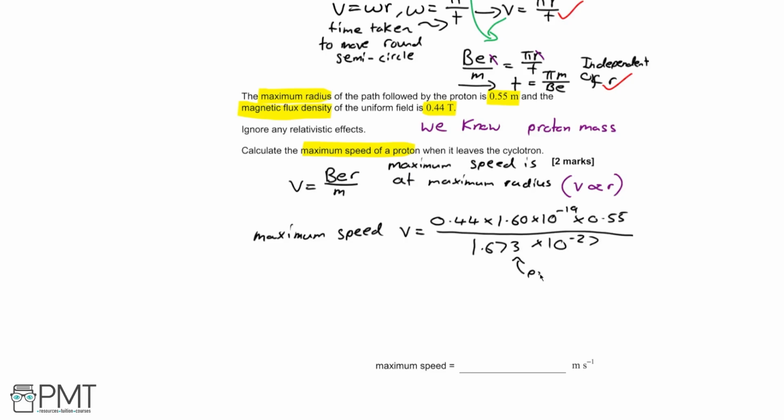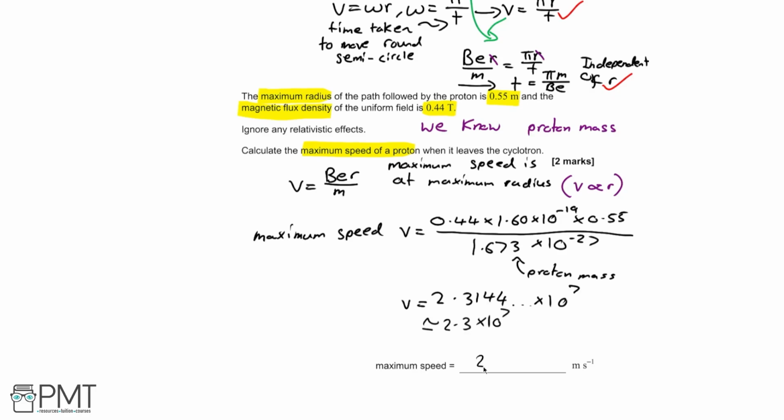This is the proton mass. Therefore, we're left with v is equal to 2.3144 times 10 to the 7 meters per second, which is approximately 2.3 times 10 to the 7.